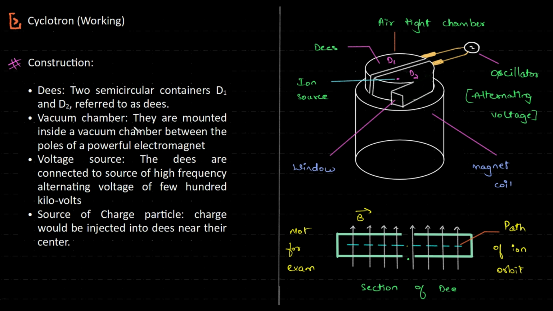This has to be an airtight chamber. They're mounted inside a vacuum chamber between the poles of two powerful electromagnets. Voltage source: the D's are connected to a source of high frequency alternating voltage of a few hundred kilovolts. Source of charged particles, that is your ion source. Charge would be injected into D near the center.